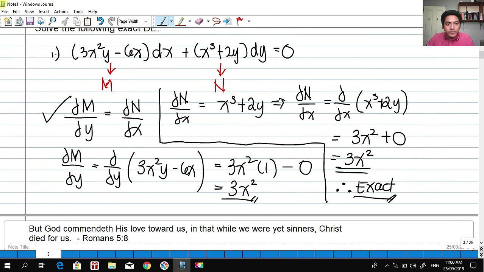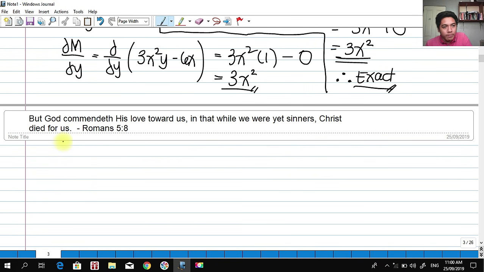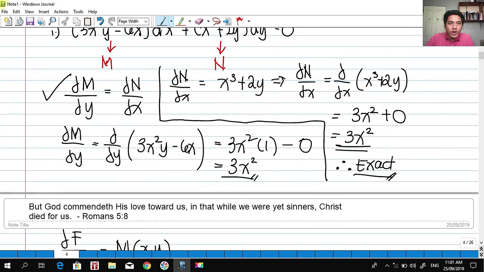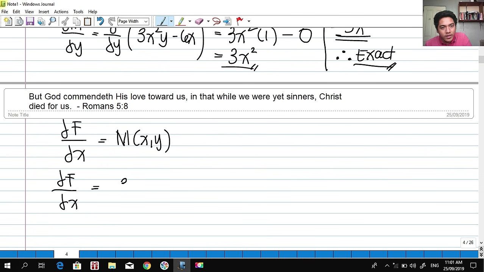So first, we're going to solve the partial derivative of f with respect to x is equal to the m as a function of x and y. So what will happen here? We have the partial of f with respect to x. Our m is 3x squared y minus 6x. So we have 3x squared y minus 6x.